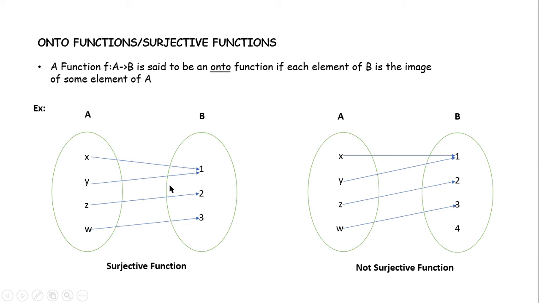Okay, so you can clearly see that all the elements of set B have been used here. None of the elements from set B has been left out. So we can say that this is a surjective function or an onto function.